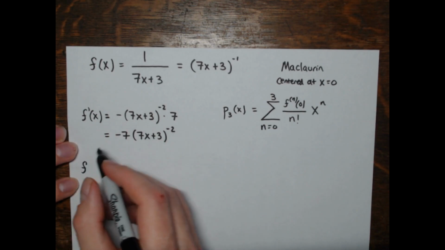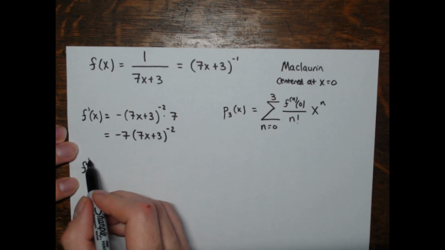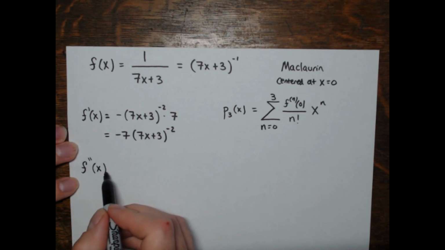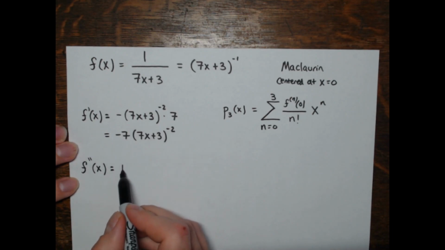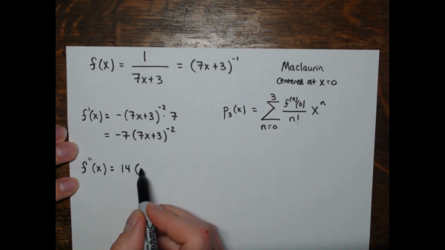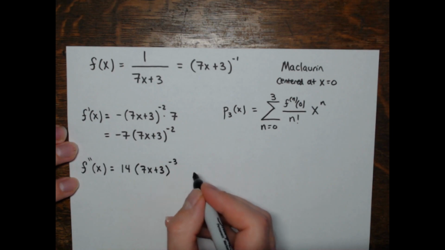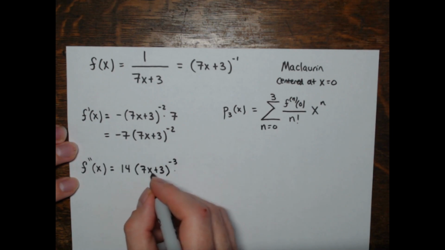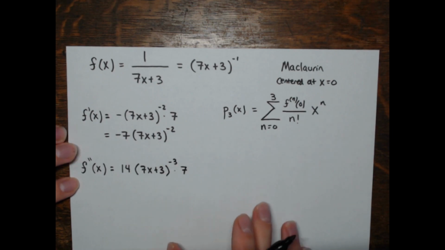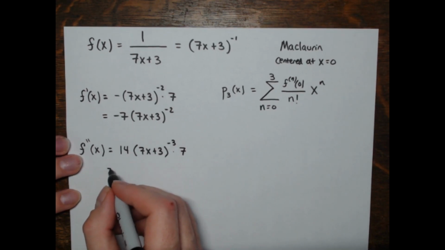And then the second derivative, where I'm going out to the third derivative. Second derivative would be positive 14 times 7x plus 3 to the negative third. But then, chain rule, I have to multiply by the derivative of 7x plus 3, so times 7.